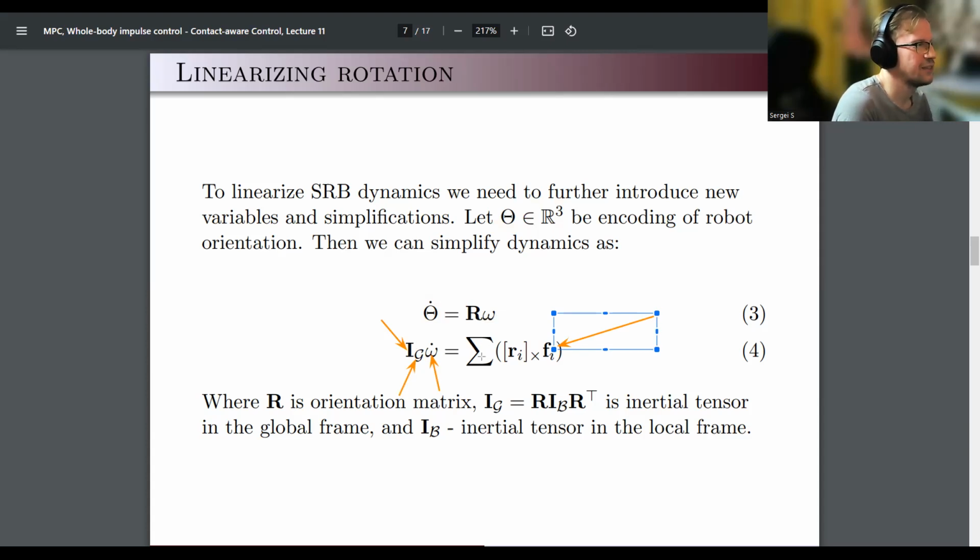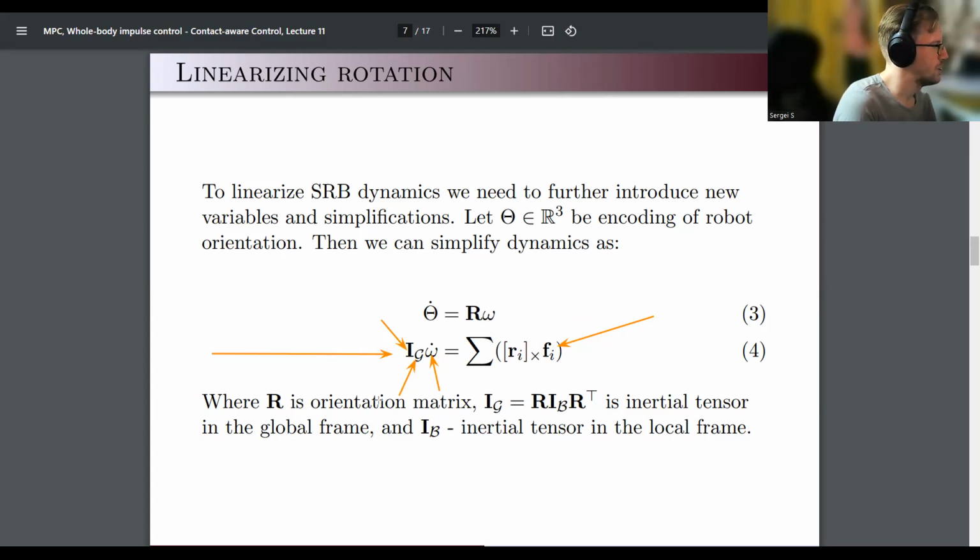I'm not saying that this follows directly from the original equation. What I'm saying is this is a linearized model. This is what the authors of the paper propose. They have a couple of paragraphs justifying this. Check it out.